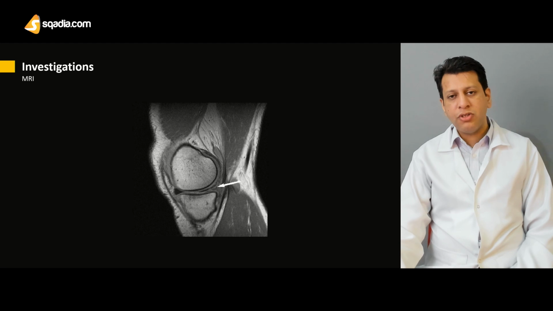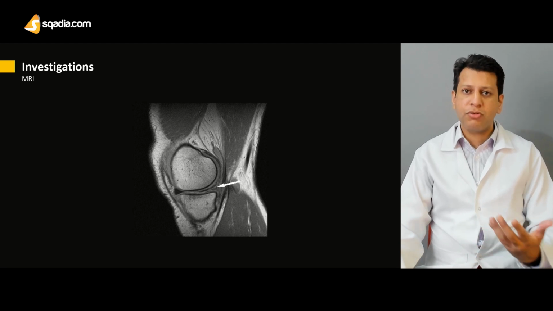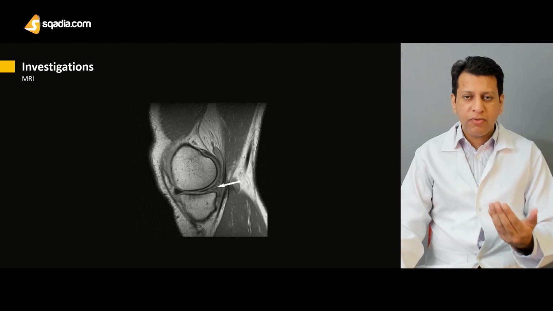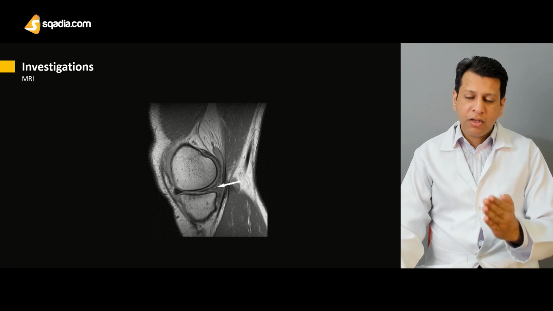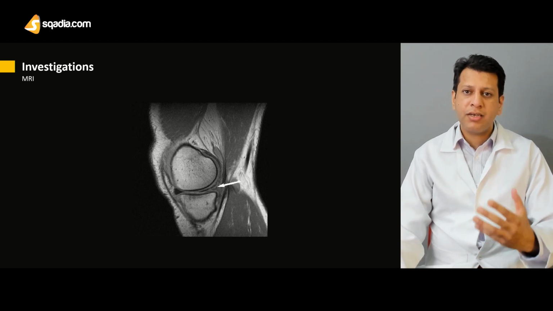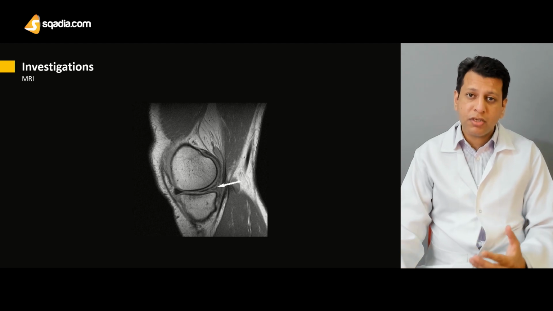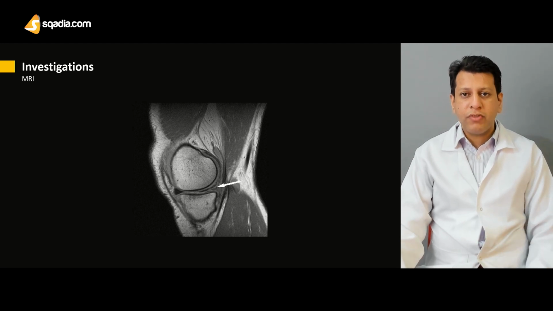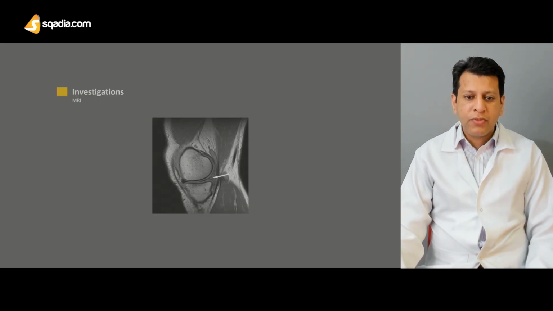Therefore, MRI is usually the study of choice and helps not only to differentiate what type of injury it is, but also to grade the injury. For proper planning and execution of the treatment of meniscal injuries, we need to have an MRI, so we exactly know the details of the injury inside.